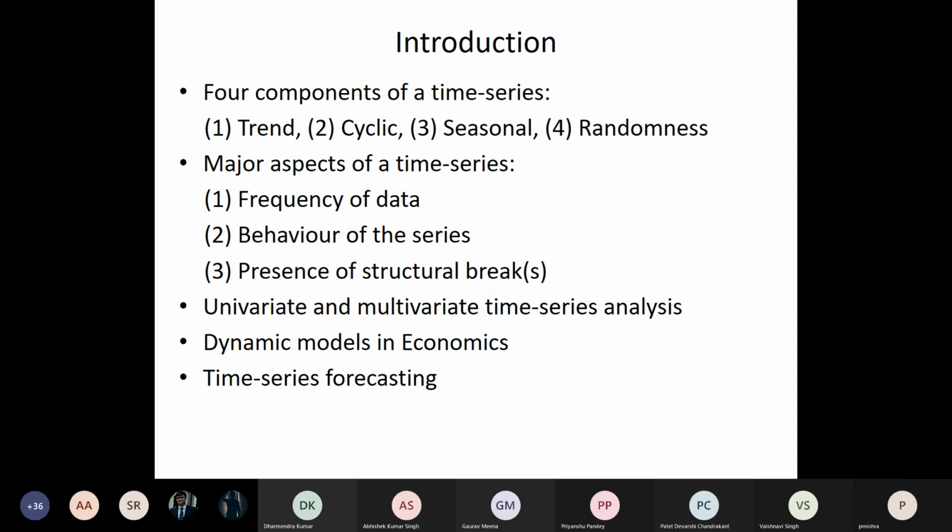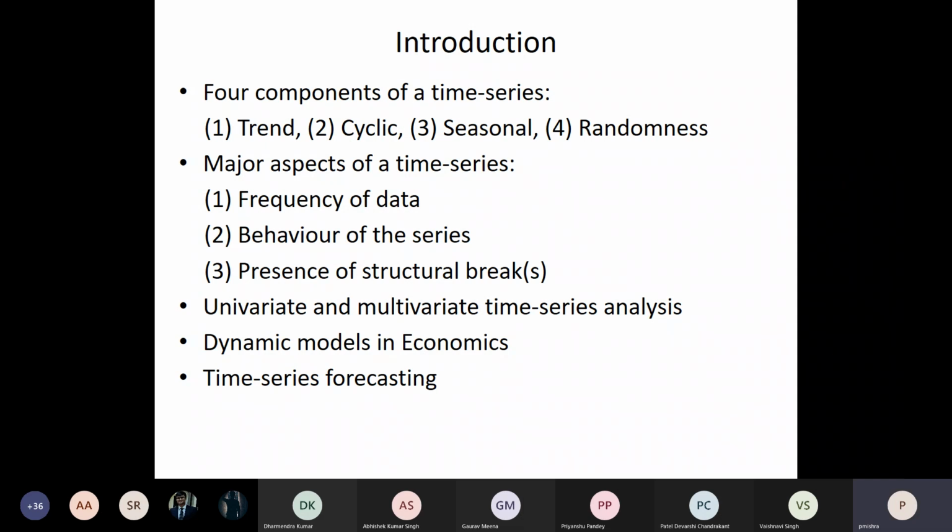Because the single line will not work here as the relationship has changed. The other possibility is basically to integrate these two lines by using a dummy variable. And often we do that.